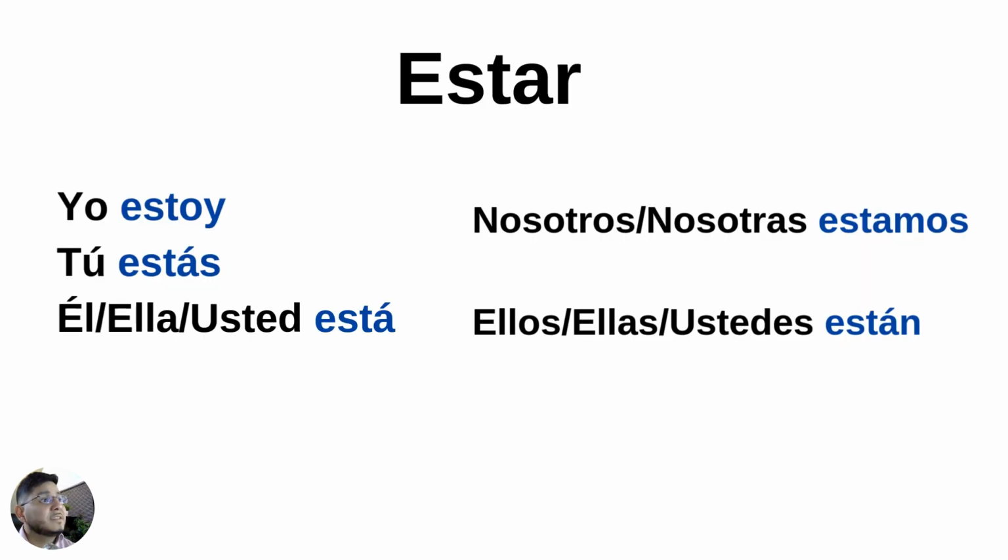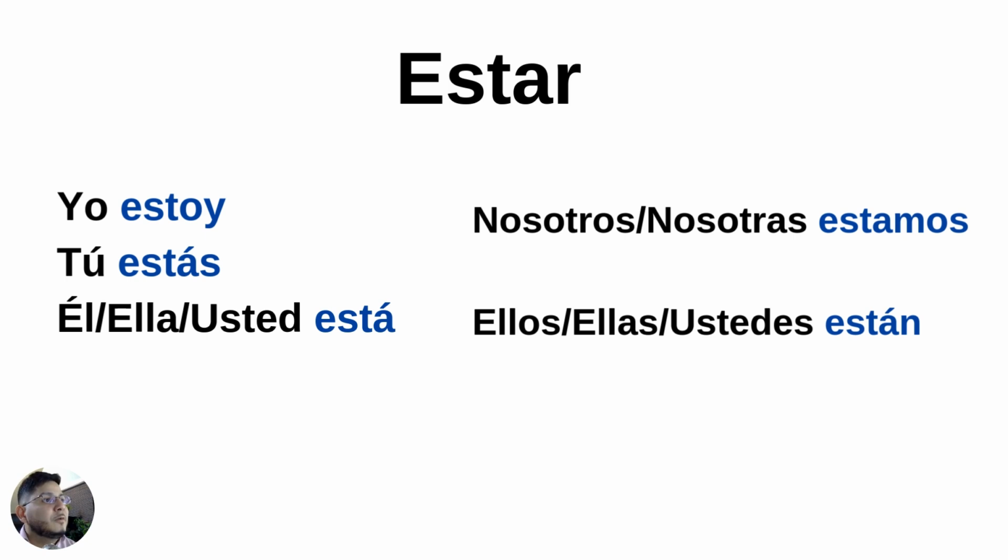We're doing the present tense only. So estar is very similar to any present tense AR verbs. If you know how to conjugate AR verbs in the present tense, you already know how to conjugate estar. The only reason why it's irregular is because it has this y at the end of the first person yo.